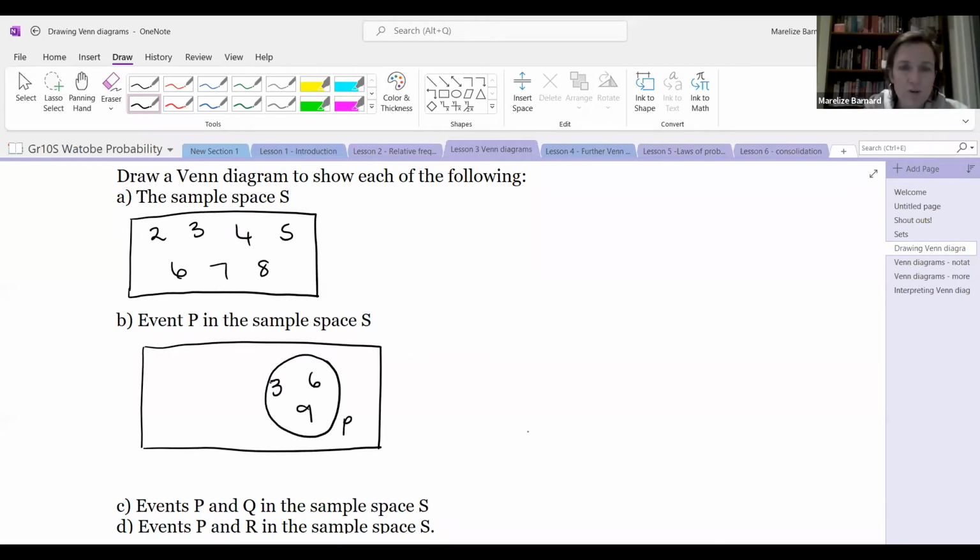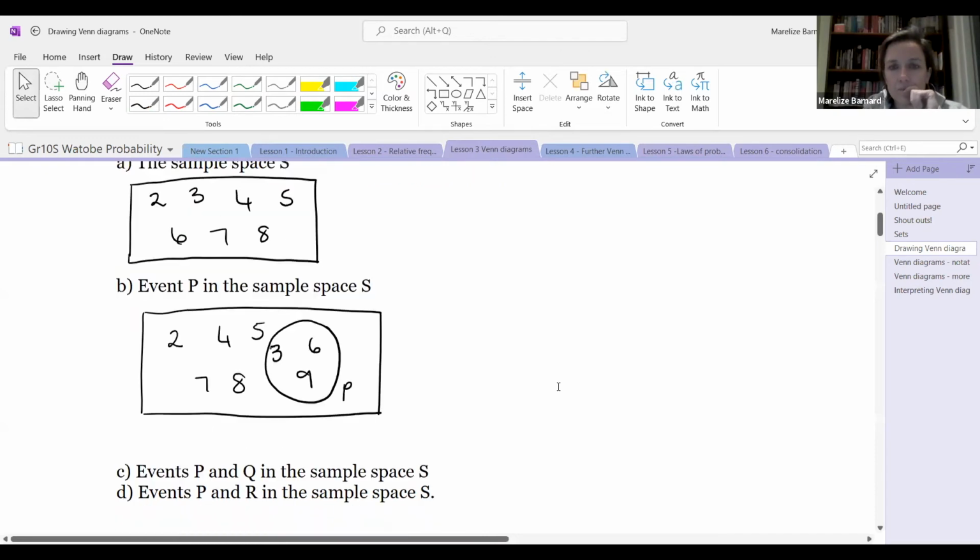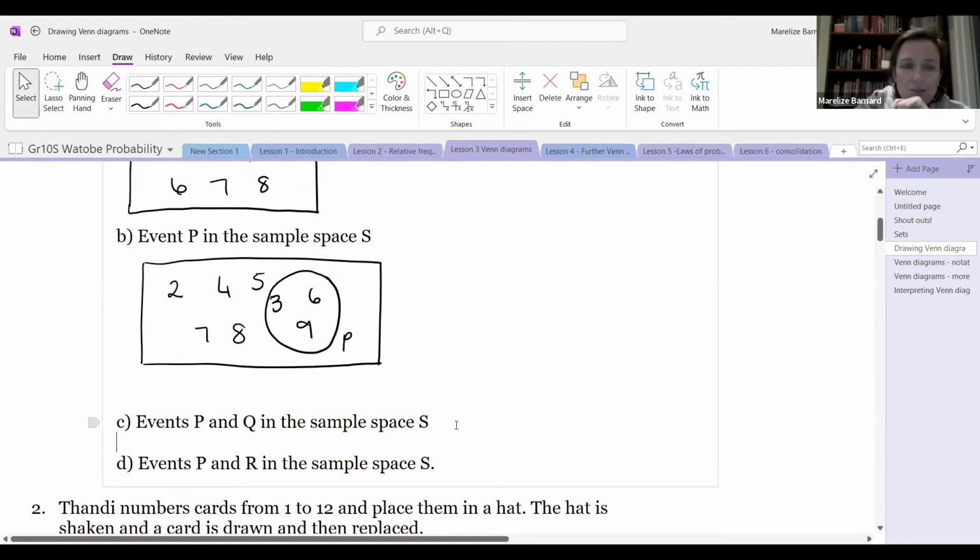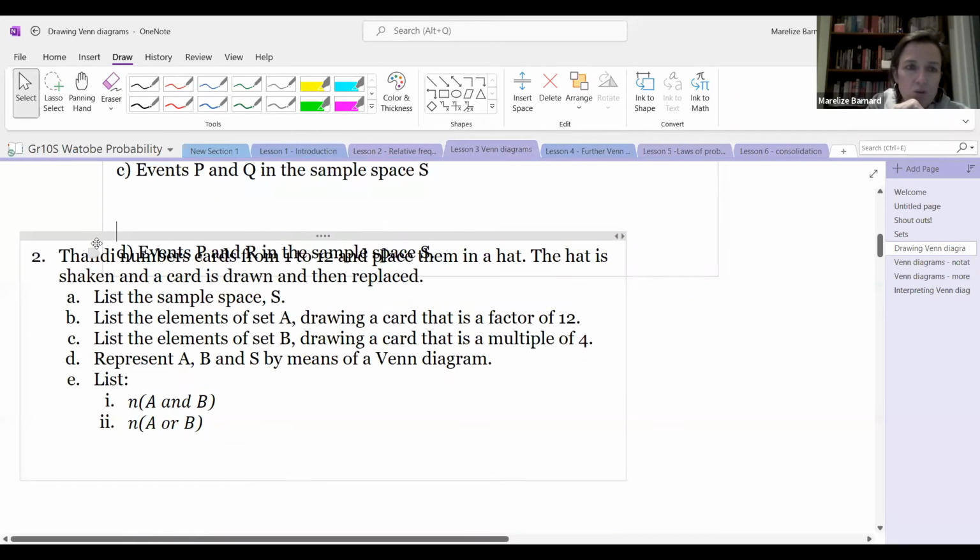That all forms part of P, but the rest of the numbers are still in the sample space, so we still write them, 2, 4, 5, 7, and 8. Okay, so remember to follow along and to also be drawing this as you take your notes.